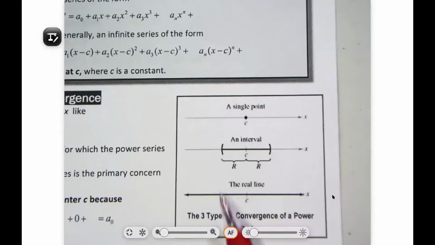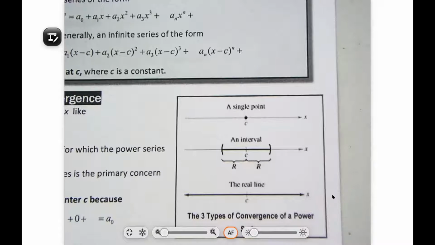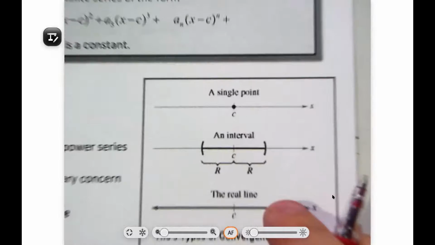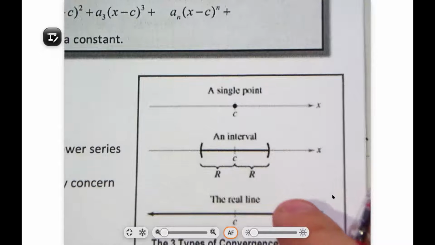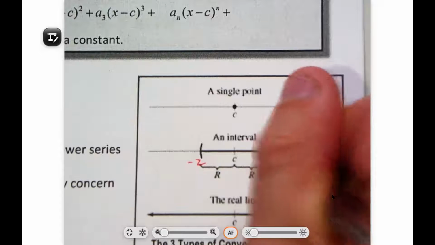We could also have an interval of convergence. You know how he said this one converges from -2 to 4 or whatever. I don't know what the values were. That's your interval of convergence. The radius of convergence is half of that interval length. If I'm going to put numbers here that mimic what the video was, let's say that this series converges from -2 to 4.